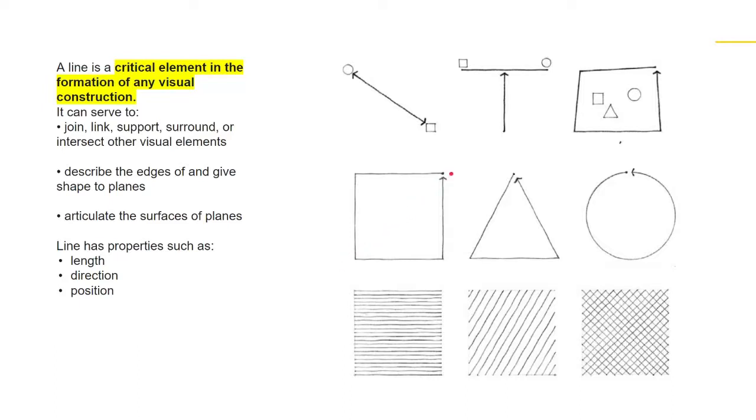With this, the line draws in to enclose the space for it to take shape. So this is the square, you have your triangle and your circle. It also articulates the surface of the plane, therefore giving off enclosure, or linkages from start to finish. Line has properties such as length, direction, and position.